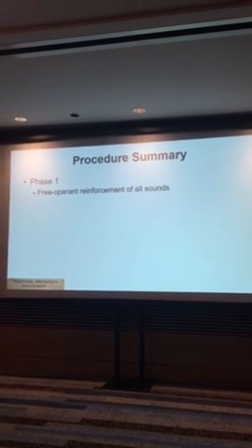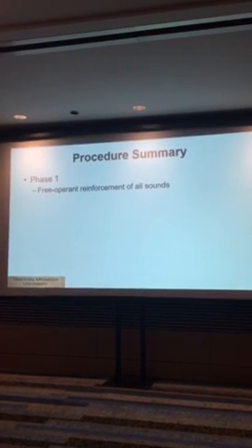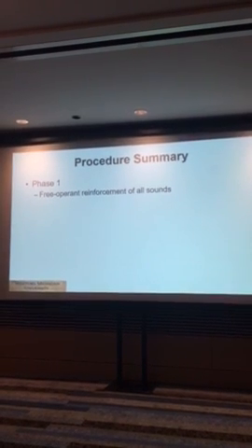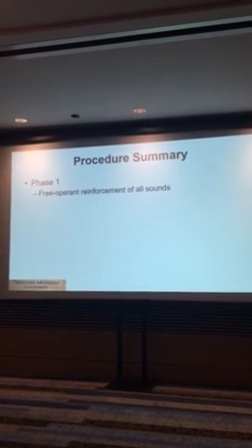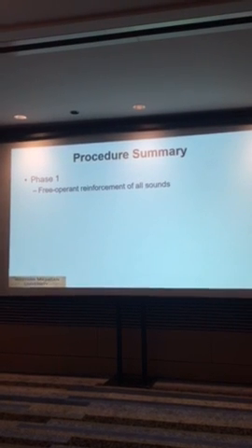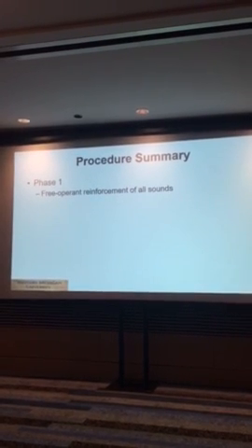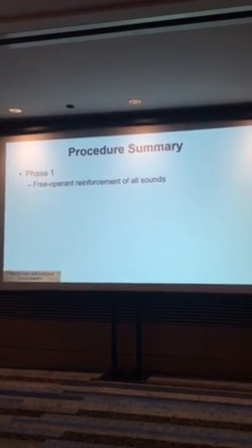Other than that, I don't need to be present. I could have a machine that drops the Skittle into the room if I wanted to, but that's not very personal, so we'll go with me. So in this free operant setting, we're just using shaping and reinforcement to try and increase any vocal behavior that we can.